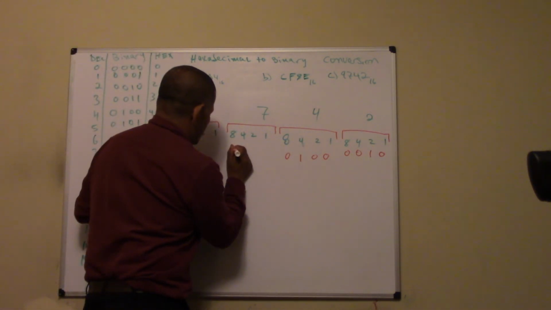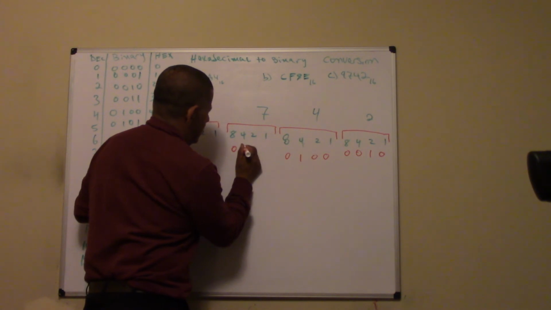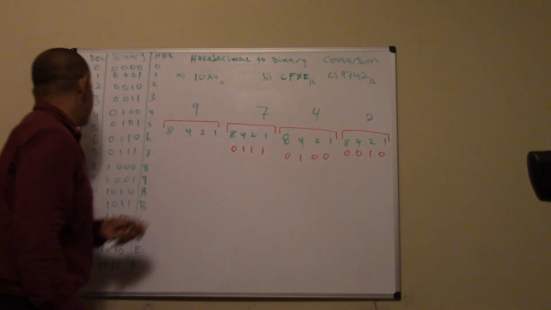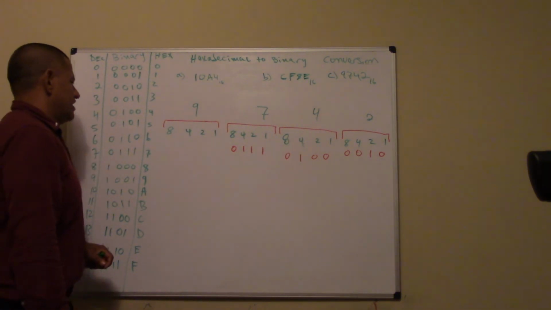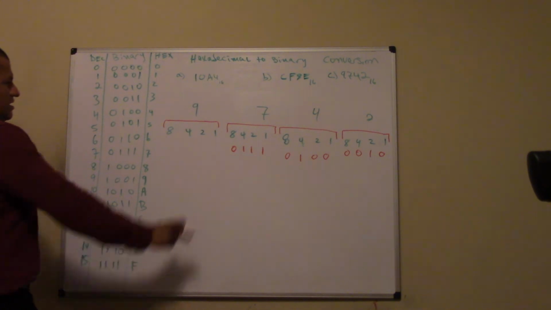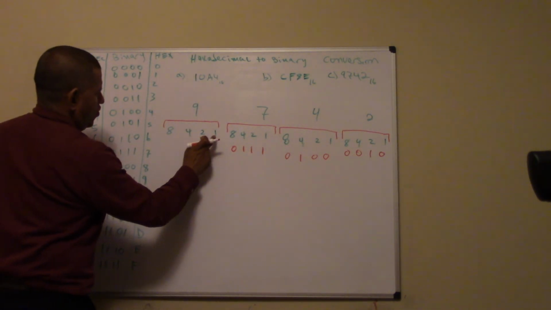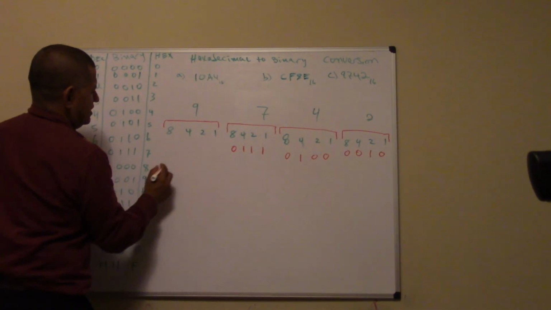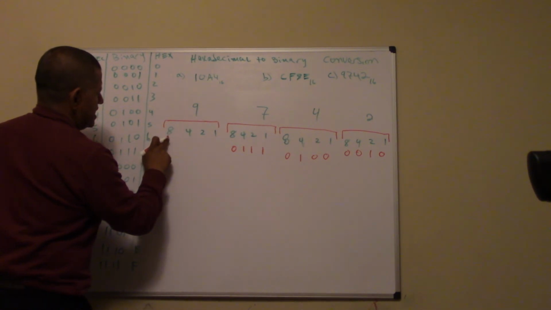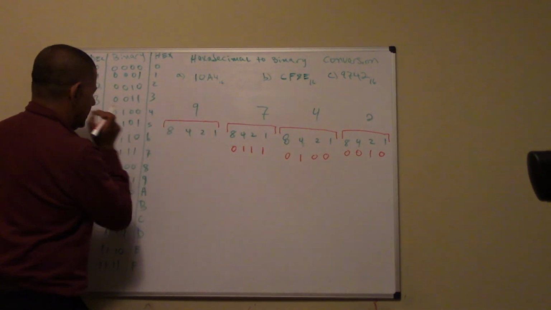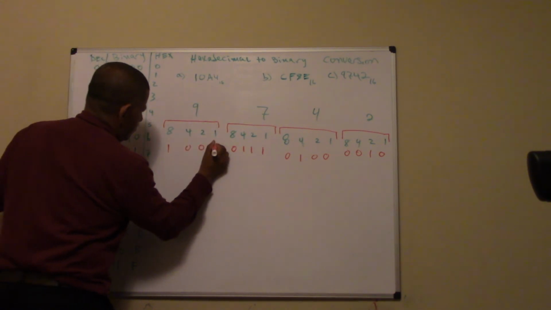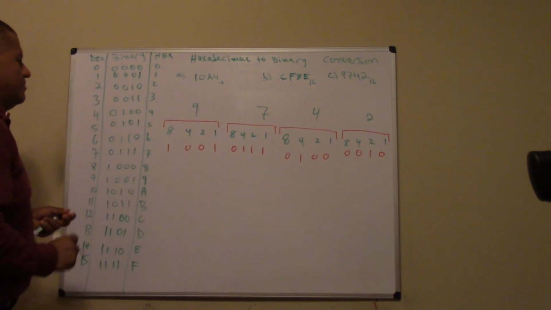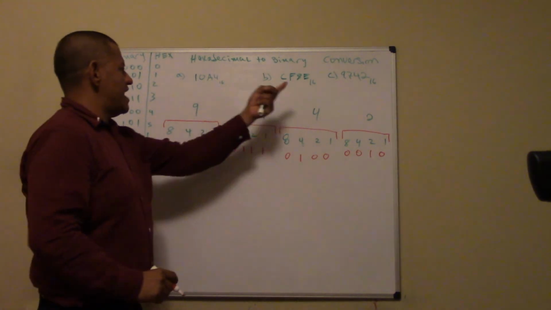So we say 0, 1, 1, 1, and that is the representation for the number 7. Okay, so let's do the last one here. How do I get 9? 8 plus 1 is 9. So I put 1, 0, 0, 1. And that is the binary representation for that number.